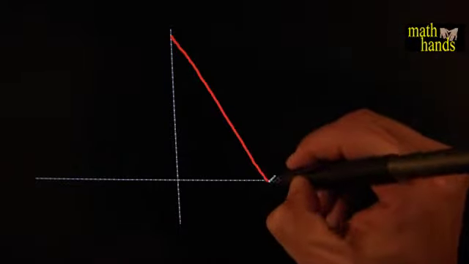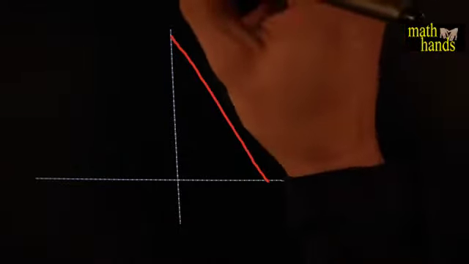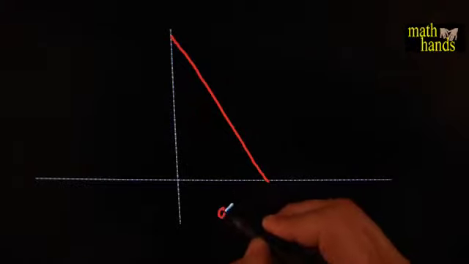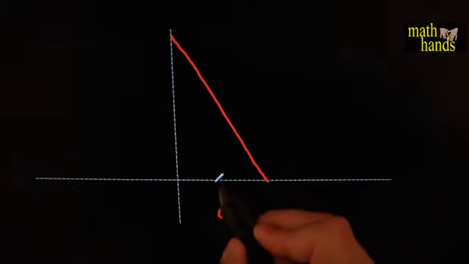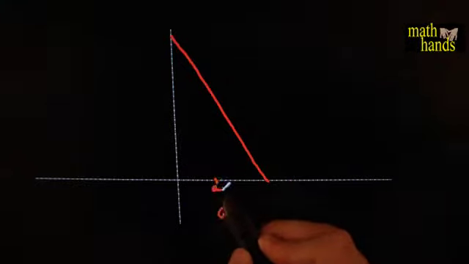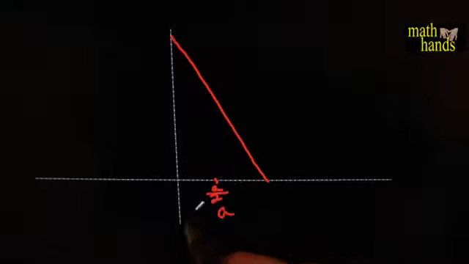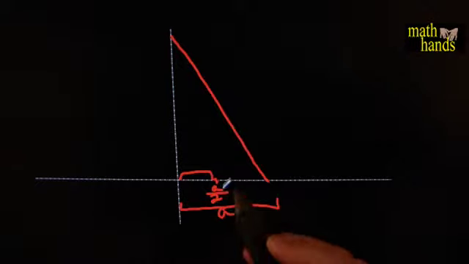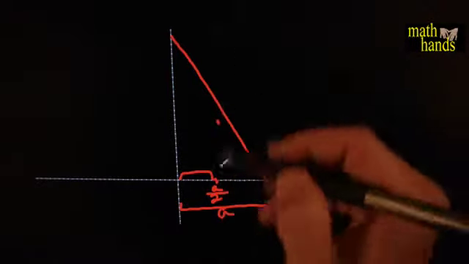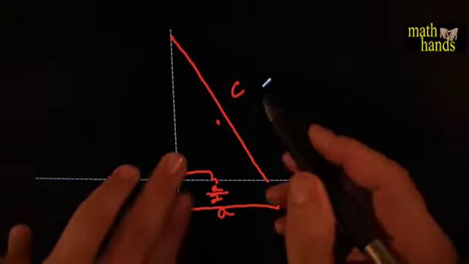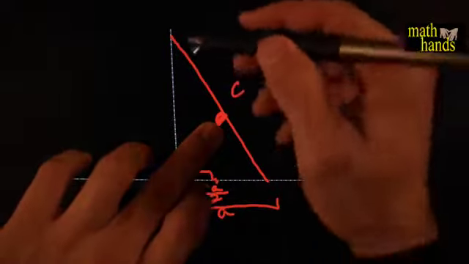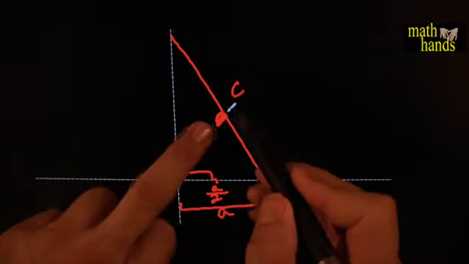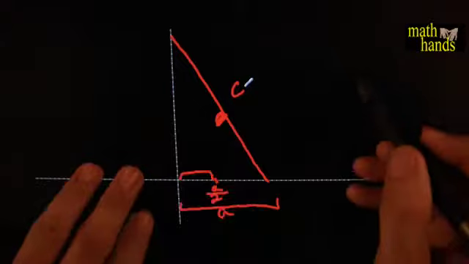So Pappus would have said, you know what? Just take the average. If this is A, find the middle point. Center of mass, if you will. That would be A over 2. This whole thing is A, so this thing is A over 2. And just focus the whole thing. The whole thing is C. Focus all of its might and all of its length on the midpoint, and then rotate that.